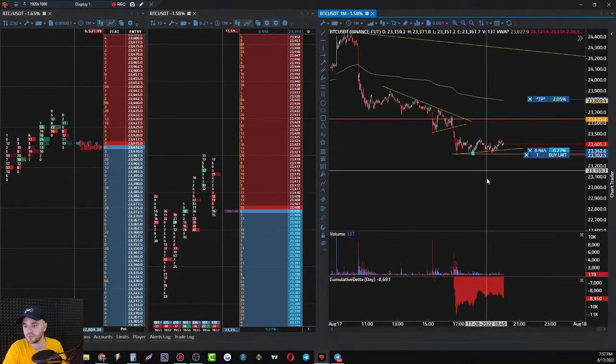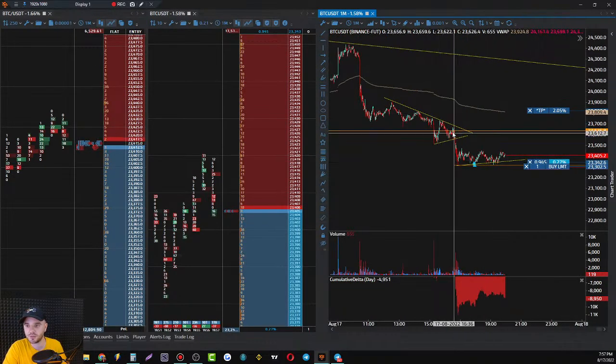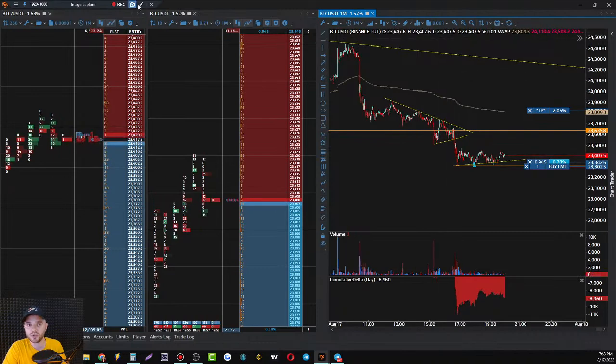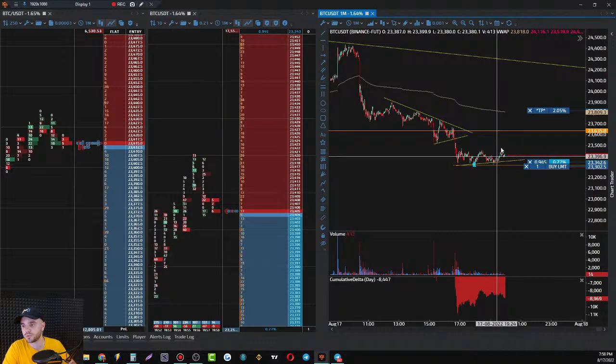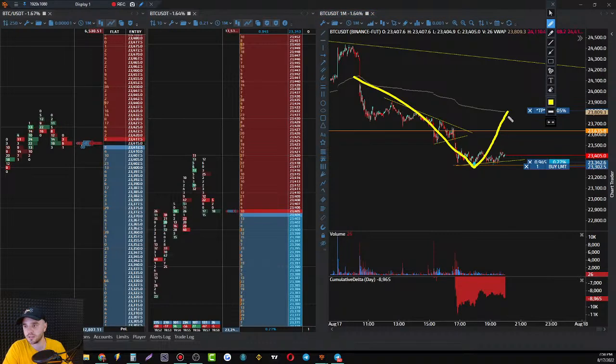Main reason why we took this trade is that at this moment ATR is really high, 115%, and price is really far from VWAP. Quite often price after such a dump retests at least VWAP.